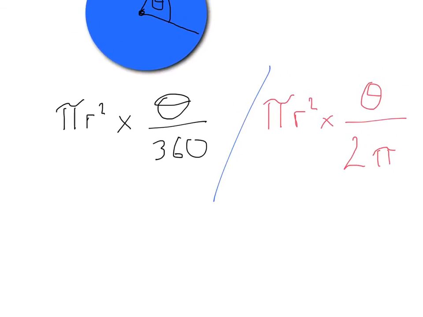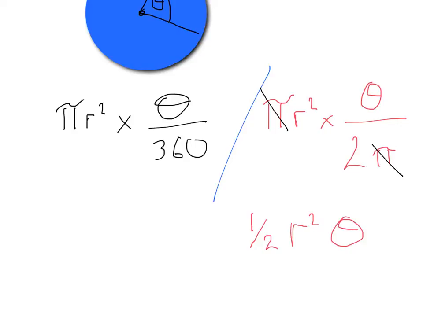And so we can again simplify this a bit. I've created a fraction where the pi's cancel, and all I have is r squared theta over 2, or as we tend to write it, a half r squared theta. Again, it's a much easier formula to use and apply.